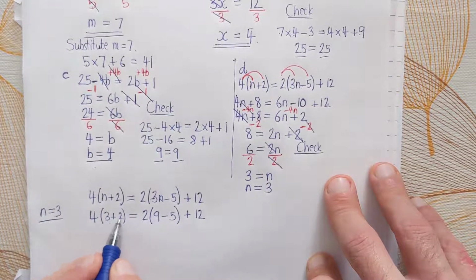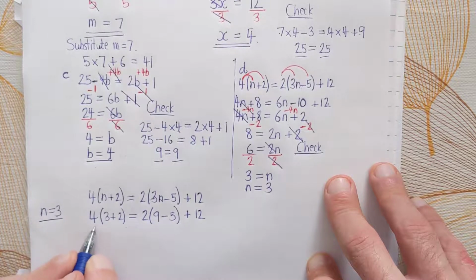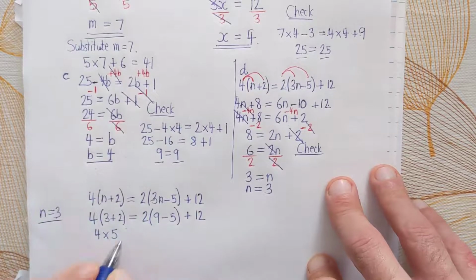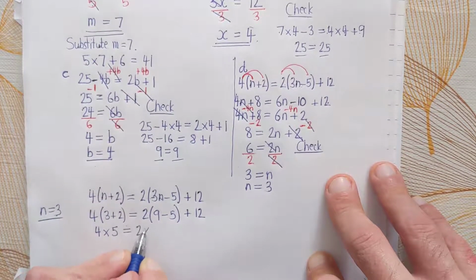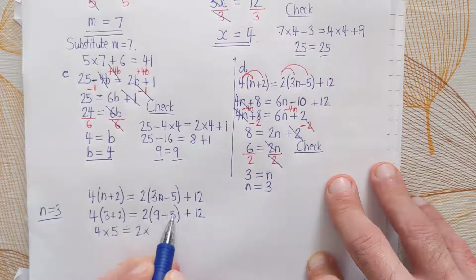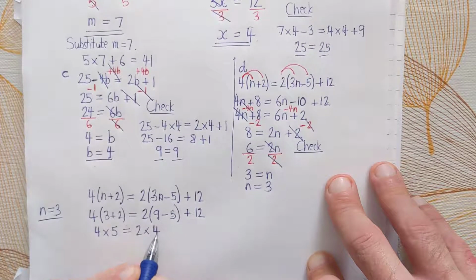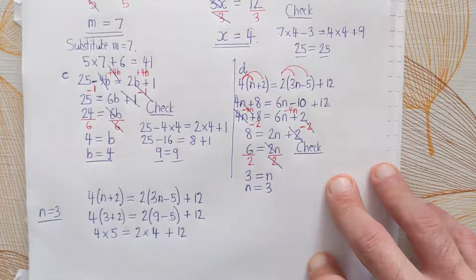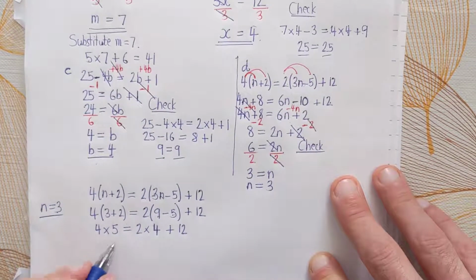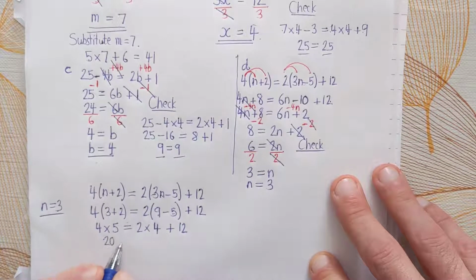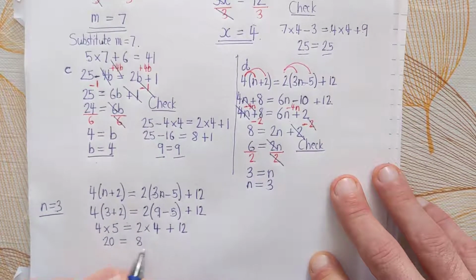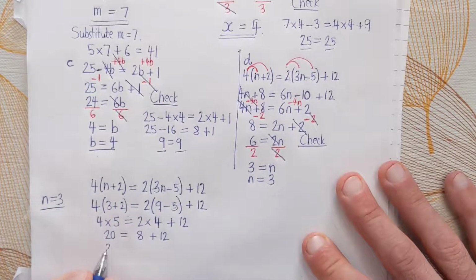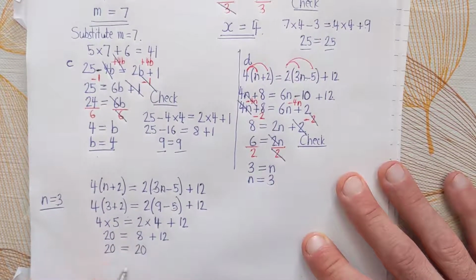So 3 plus 2 is 5, and 4 times 5, actually I'll write 4 times 5 here. 2 times 9, take away 5 is 4, and then plus 12. 4 times 5 is 20. 2 times 4 is 8, plus 12, and we're left with 20 equals 20.